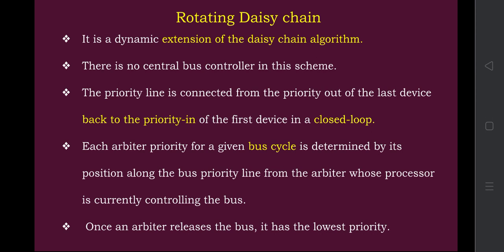That means soon after a particular arbiter uses the bus, it will be given control again only after some time. Since it has just used the bus control recently, it has to be given control only after some time. That means the priority will be set as the lowest priority for the one which just released the bus.